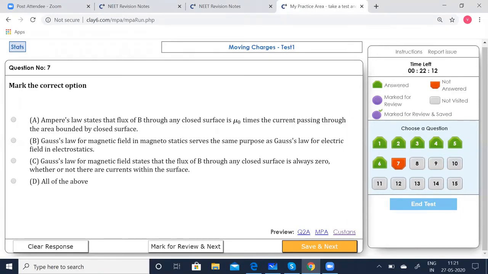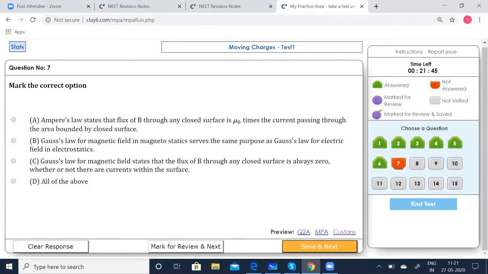Gauss's law is not only related to electrostatics, but also to charges. So wherever charges come into play, you can apply Gauss's law there. Okay? The third statement says that Gauss's law for magnetic field states that flux of B through any closed surface is always zero, whether or not there are currents within the surface.